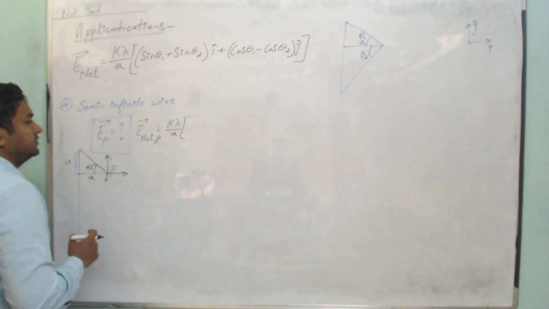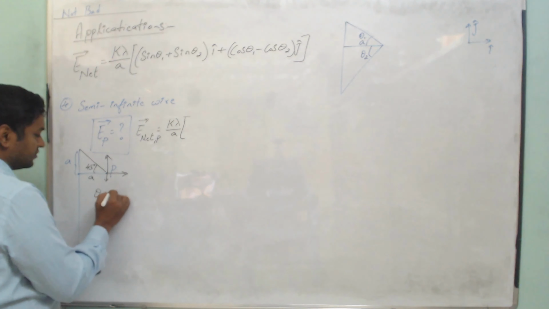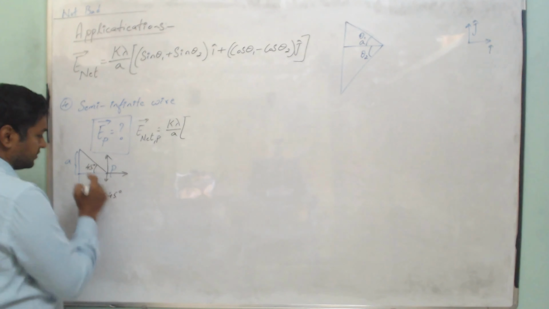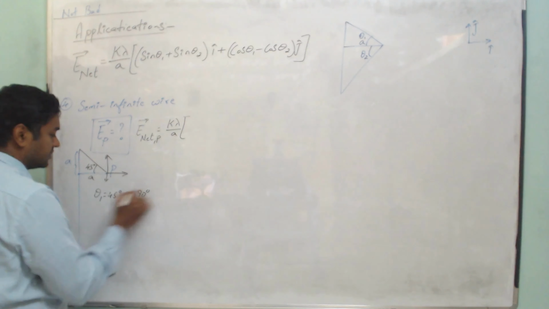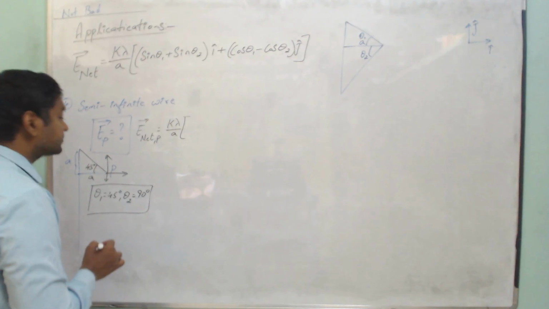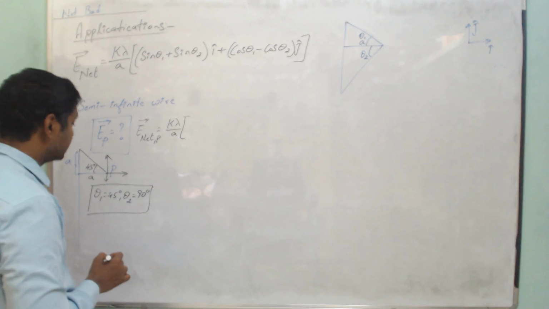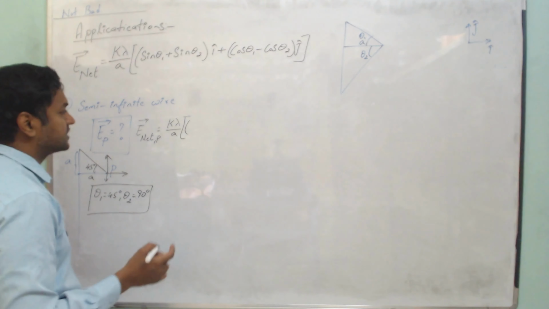Okay. Now tell me in this figure, what is theta 1? Theta 1 is 45 degree, right? 45 degree. And theta 2 is obvious, 90 degree, right? So k lambda by a, and we have what? Sine theta 1 plus sine theta 2.